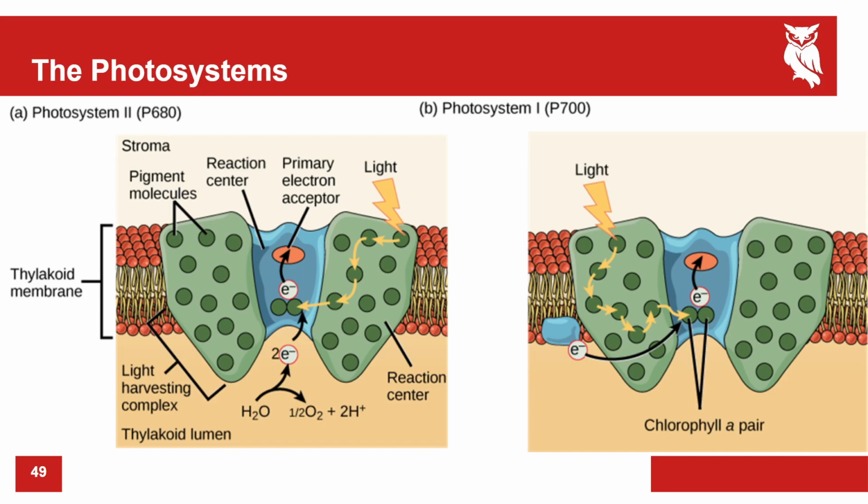These electrons are replaced by splitting water, so we can get more electrons and continue the process. The byproducts are oxygen, hydrogen ions, and electrons. The electrons go through an electron transport chain and into photosystem 1, where it absorbs light energy again and forms an electron carrier we use in the Calvin cycle called NADPH.